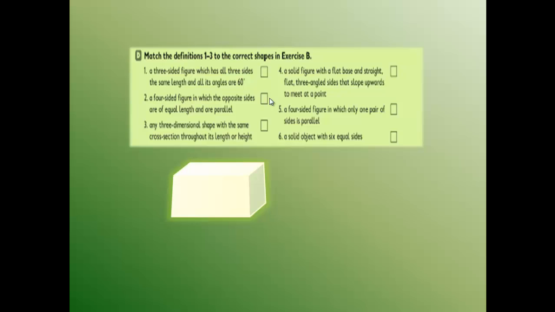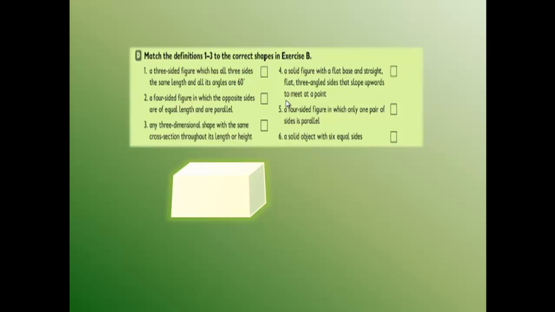And finally we have a solid object with 6 equal sides. I think you all know here what the shape is. Yes, it's clearly number D. I mean the cube.